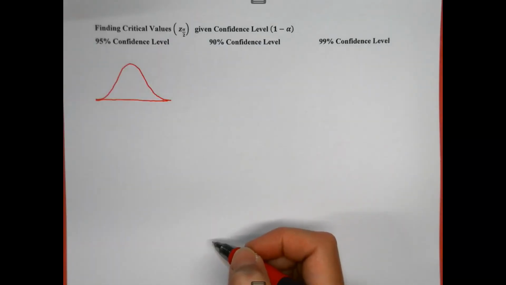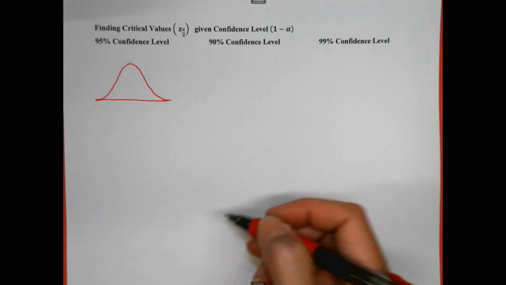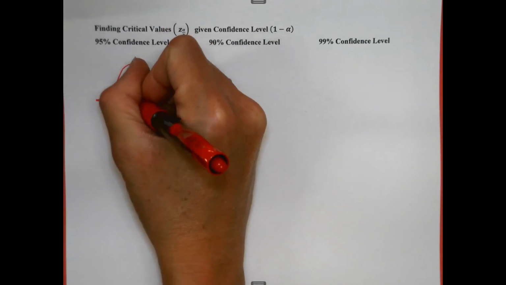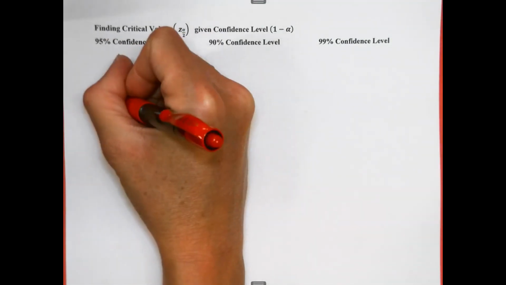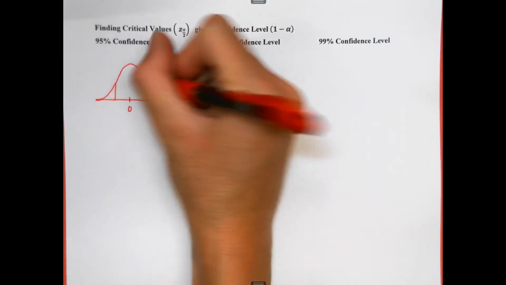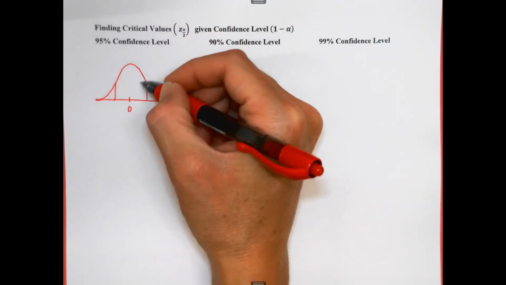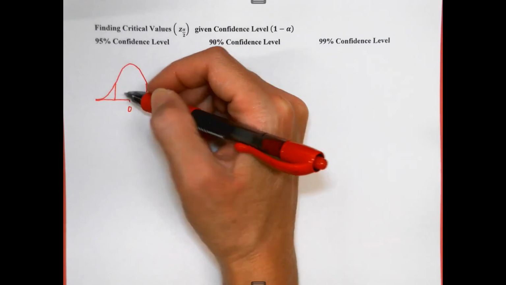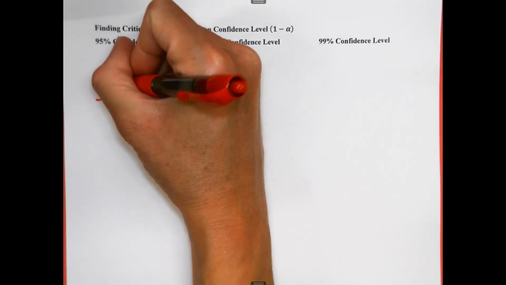We have to find a range of values based on how confident we want to be. So if we want to be 95% confident, we need to know what that area is. From chapter 6, we know that in between two values will lie 95% of our data.